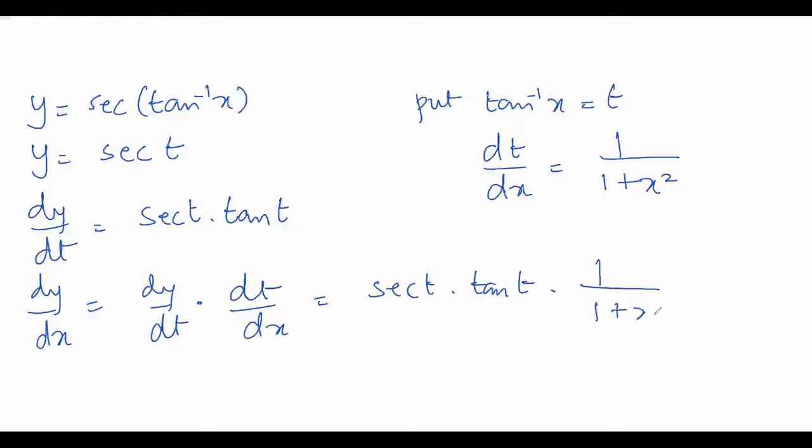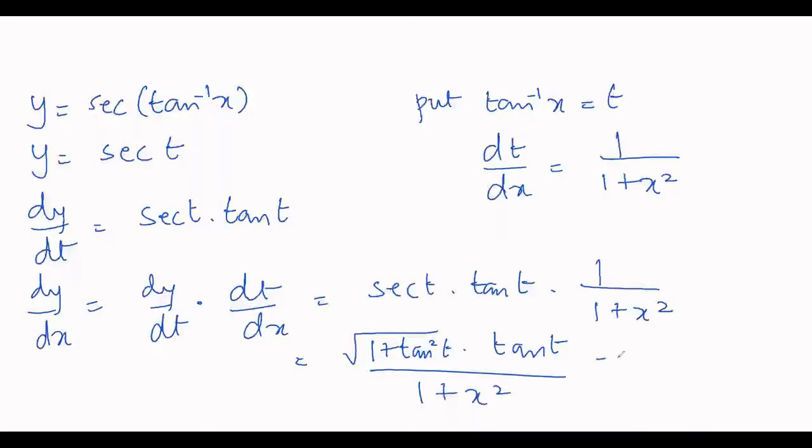So secant t is nothing but square root of 1 plus tan squared t. So I can rewrite this as square root of 1 plus tan squared t into tan t divided by 1 plus x squared. So based on this substitution, if tan inverse x is equal to t, then tan t is equal to x.